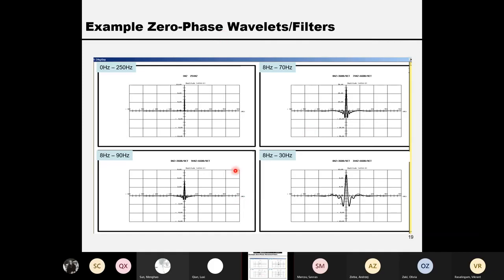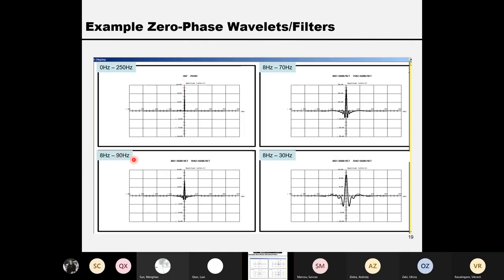I showed this diagram in the previous session. When I showed this diagram, we were talking about the bandwidth. The bandwidth has a significant effect on the resolution of the wavelet, right? In this case, 0 to 150 Hz, you have a very narrow spike.